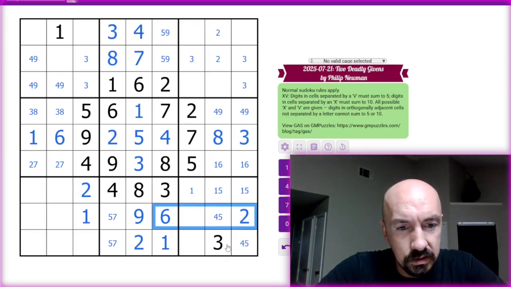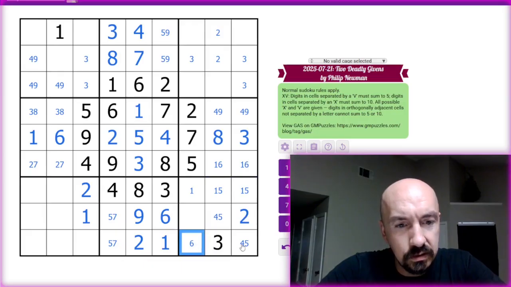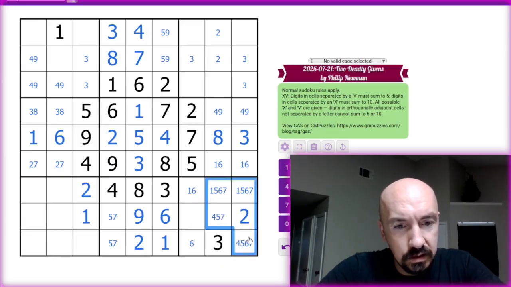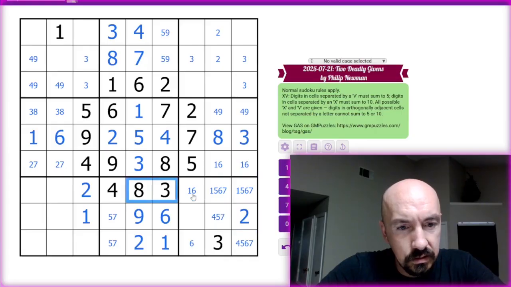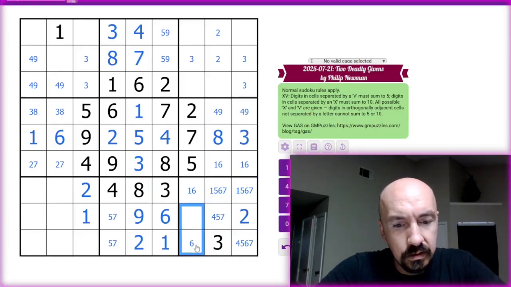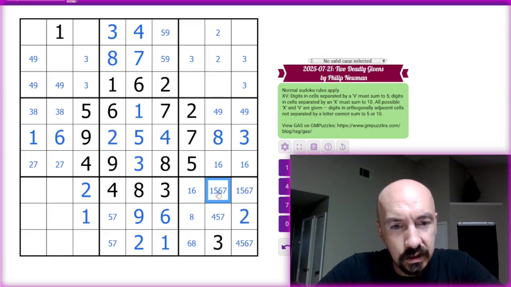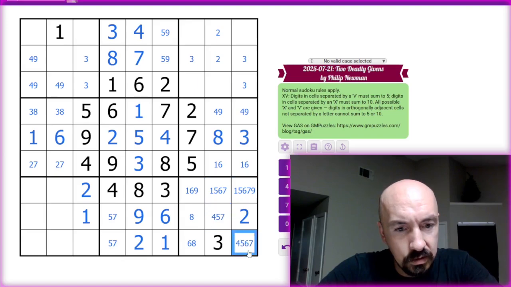So 6s. So 6 could go here, here, and there. 7s. 8s. Okay, so this is going to be an 8. 9 cannot go here, but it can go in these 3 actually.